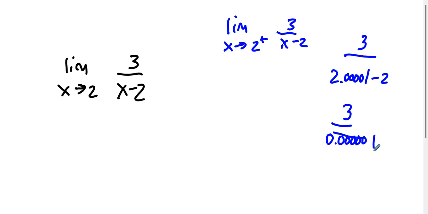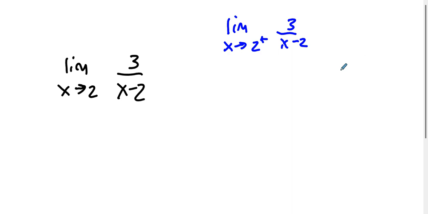When we have a number on top divided by a super small quantity, this is going to reduce to a bigger number. This is going to approach infinity. So we know that the limit as x approaches 2 from the right side is infinity.